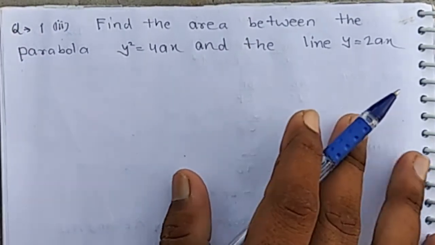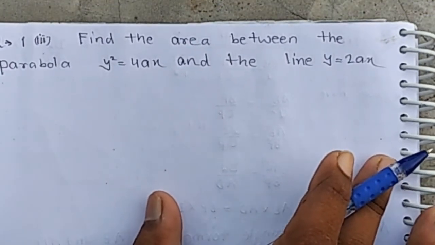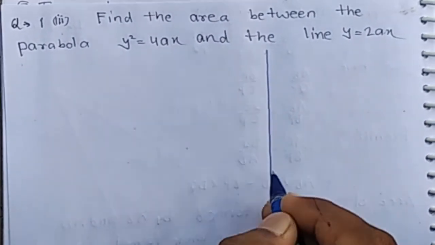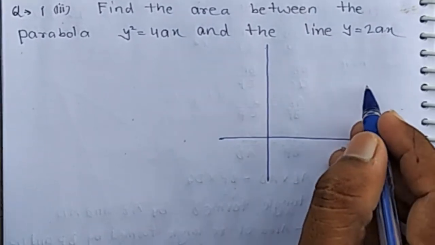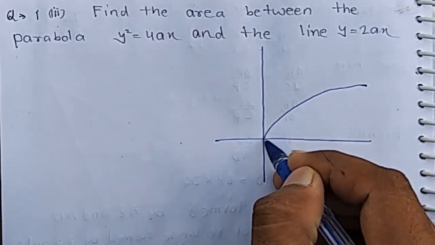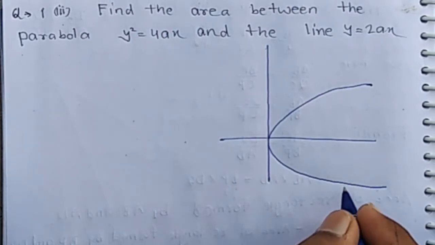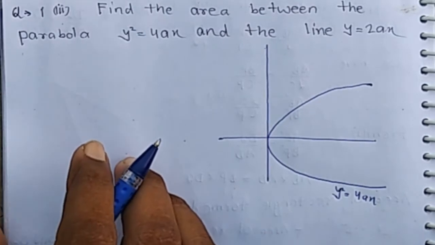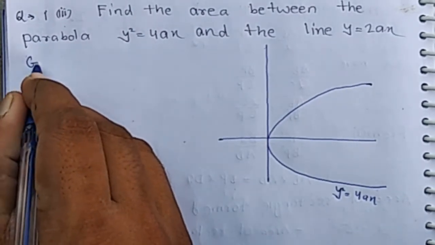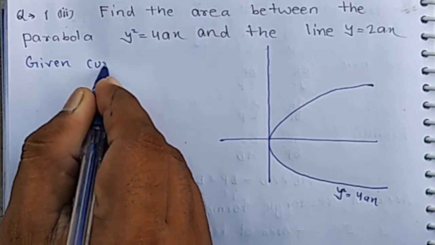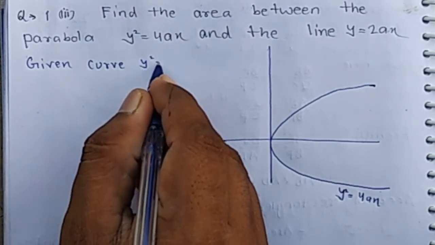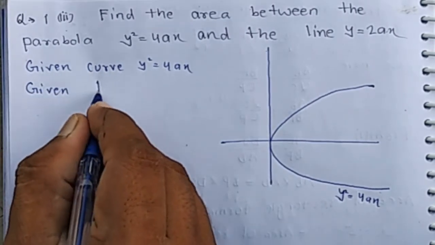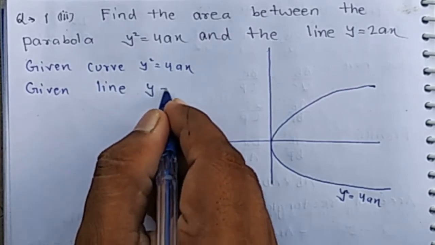It is the third part of question number 1. Find the area between the parabola y square equal 4ax and the line y equal 2x. Let the curve be y square equal 4ax, and the given line y equal 2x.